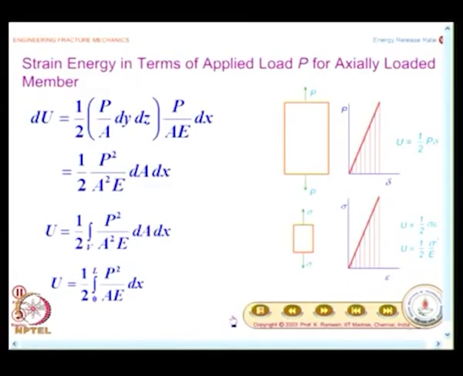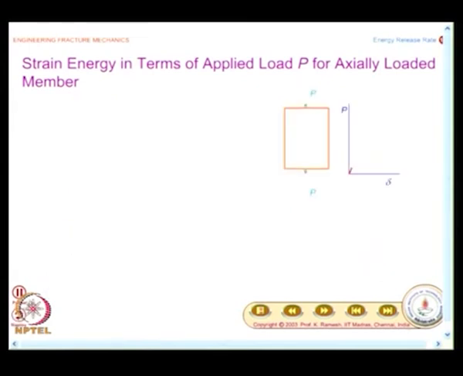So, these preliminaries are required to do that. Although you should have got this knowledge from your earlier course, we are reviewing them for continuity, and we will see it for an axially loaded member.